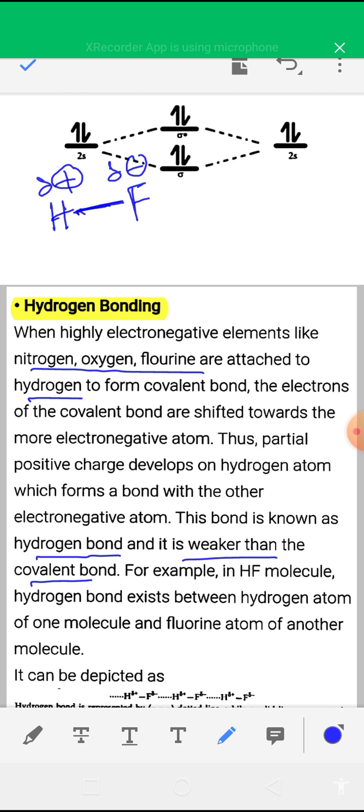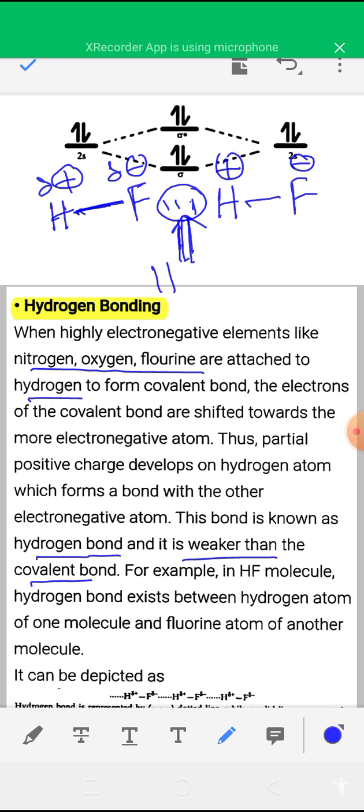One is a positive pole, another is a negative pole, and then this HF molecule will be attracted by another HF molecule, and this force of attraction is known as hydrogen bonding. Hydrogen bonds are generally shown by giving three dots or three dashes. This is a hydrogen bond.